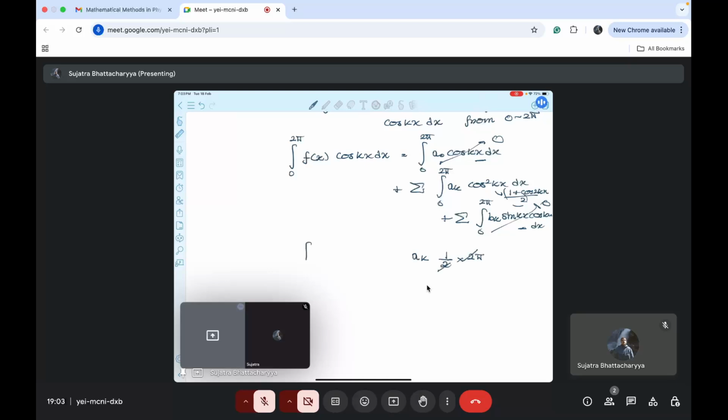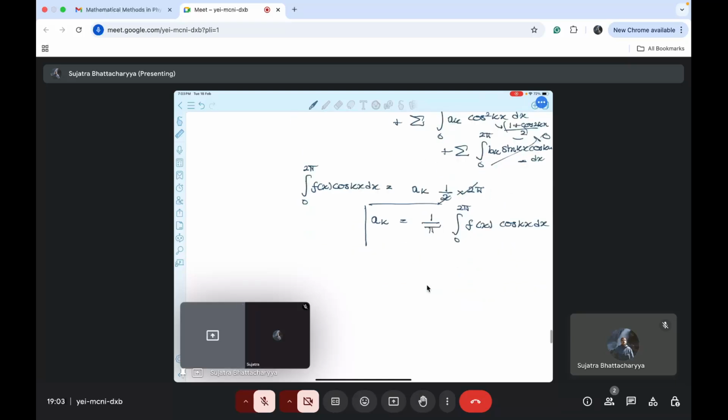And on the other side, it will be the integral from 0 to 2 pi of f(x) cos kx dx. So a_k will be equal to 1 by pi times the integral from 0 to 2 pi of f(x) cos kx dx. This is the expression.